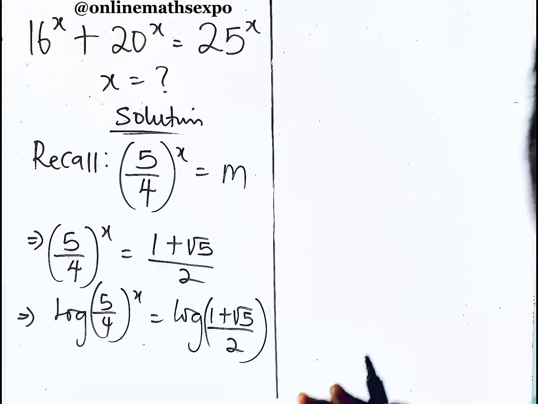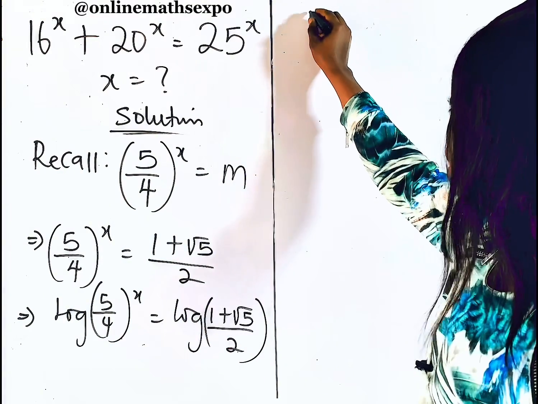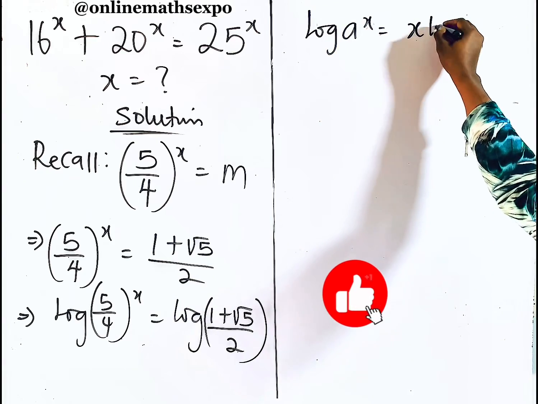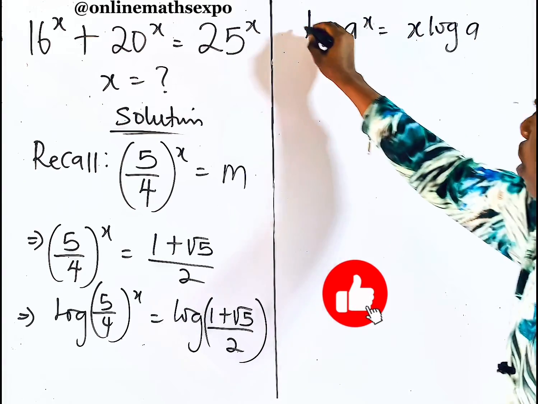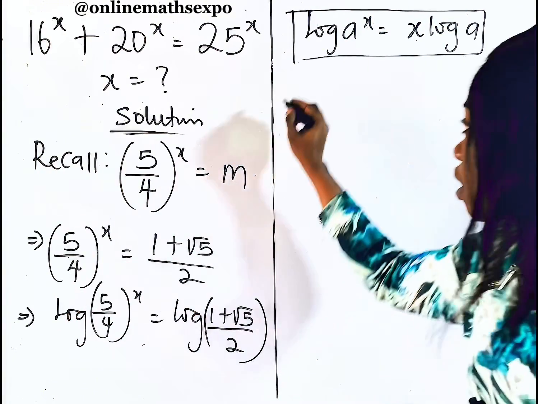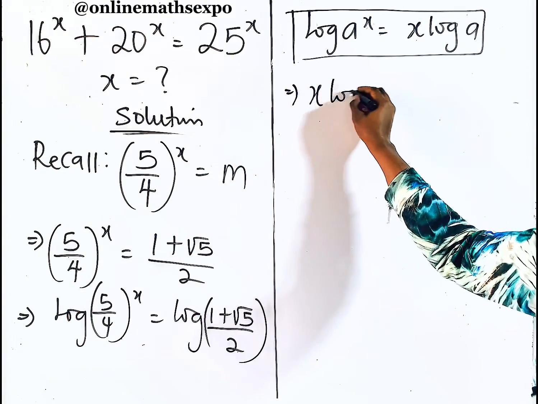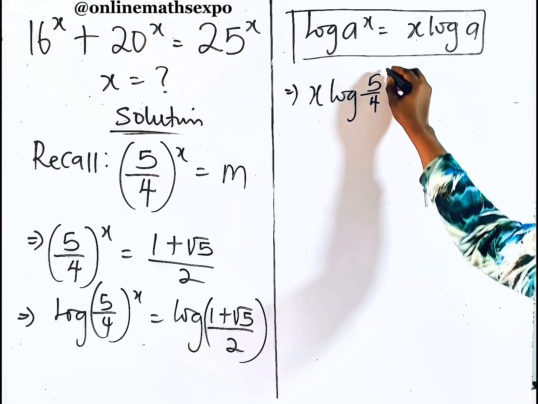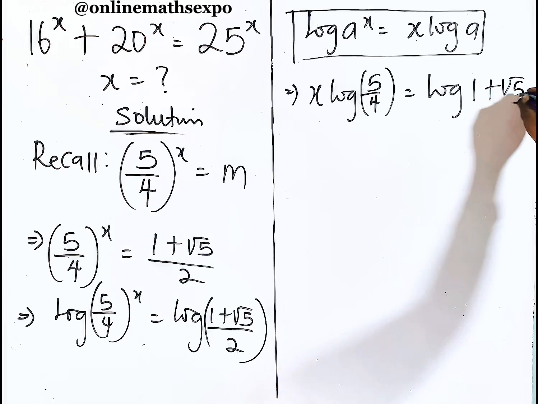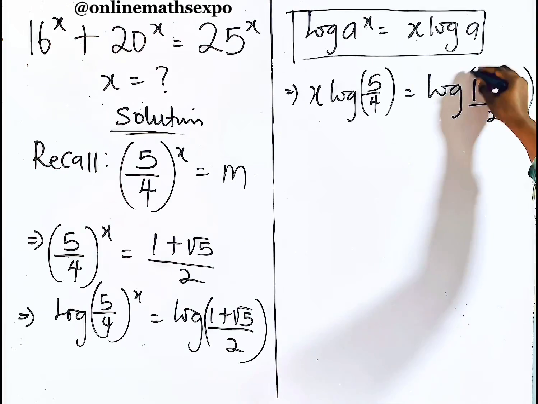Keep solving. Also recall that whenever you have log of a to the power of x, it's always x log a. The power multiplies the log. So applying it here, this multiplies. So we have x log 5 on 4 is equal to log of 1 plus root 5 divided by 2.